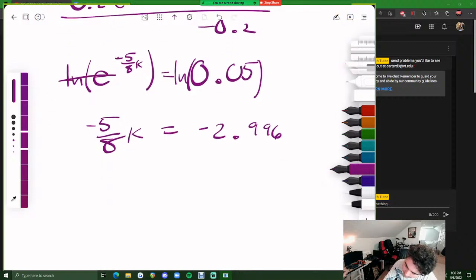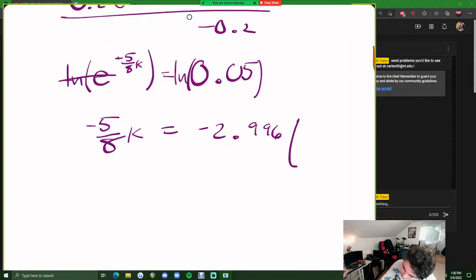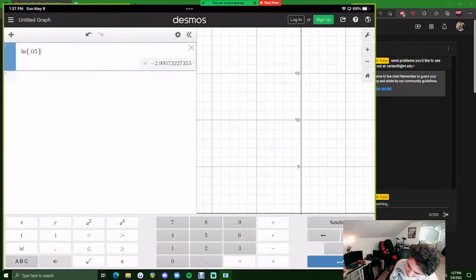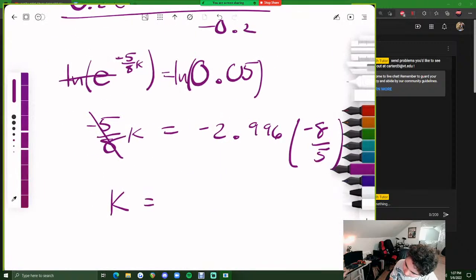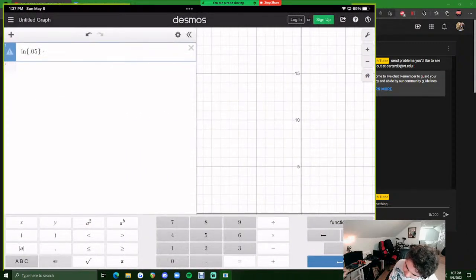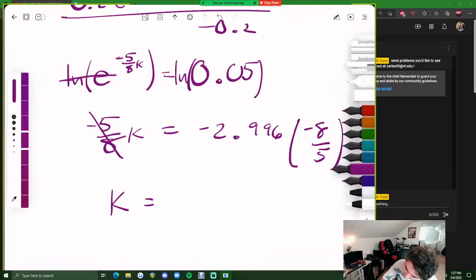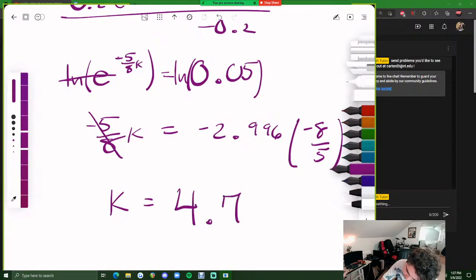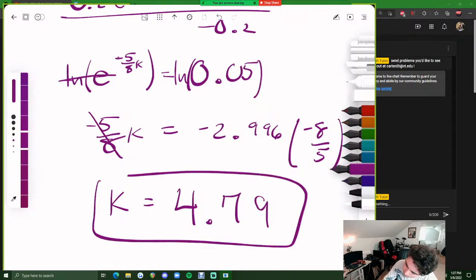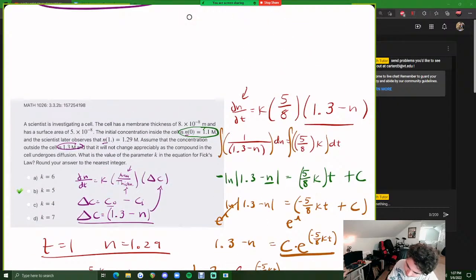And then to get k by itself, we multiply both sides by the reciprocal of negative 5/8. As a result, we get negative 8 over 5. So times negative 8 over 5, and we get 4.79. And this k value will round up to k equals 5.